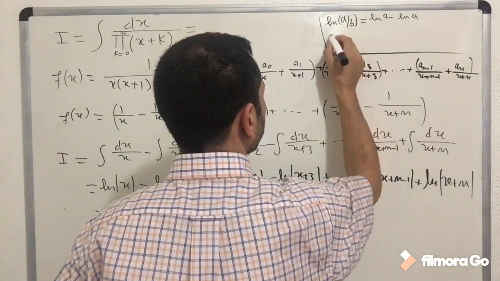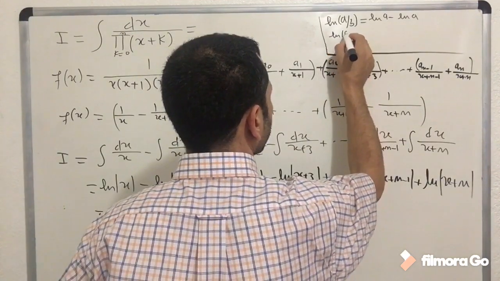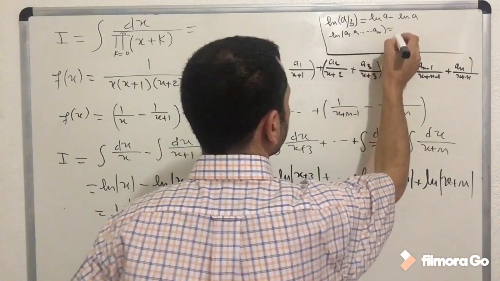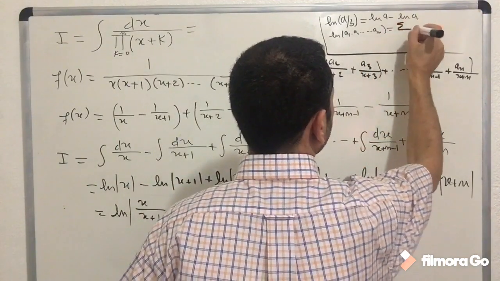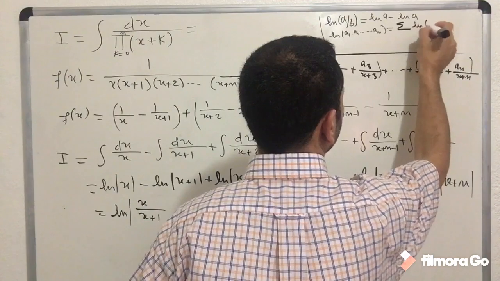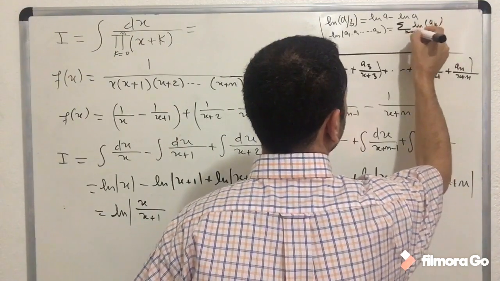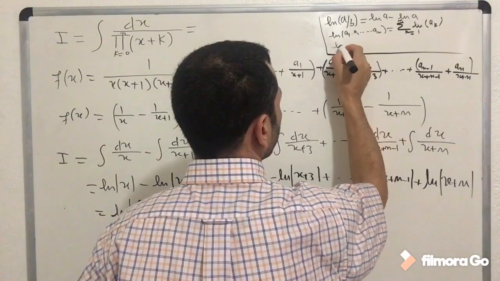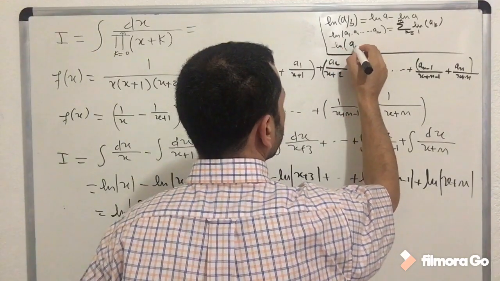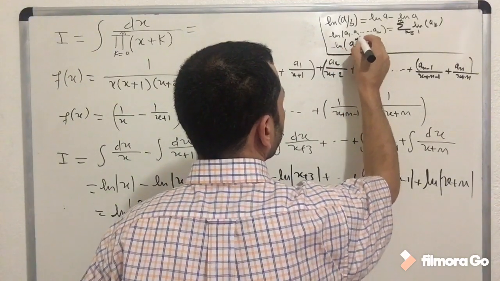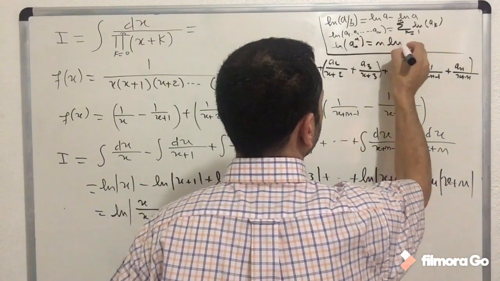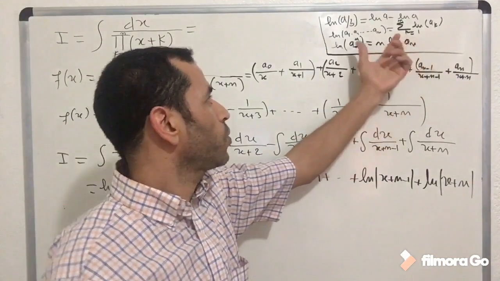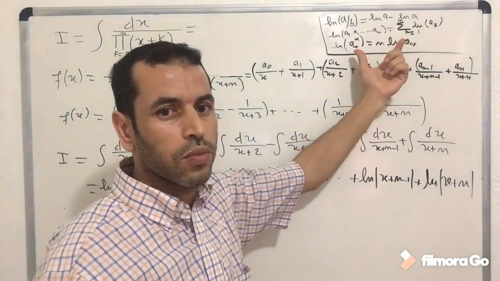We have another one, natural log of a1 a2 and so on equals the sum of natural log of ak, k from 1 to n. The last one, natural log of a to the n power equals n natural log of a. So we have to keep in mind, we have to know the logarithm rules.